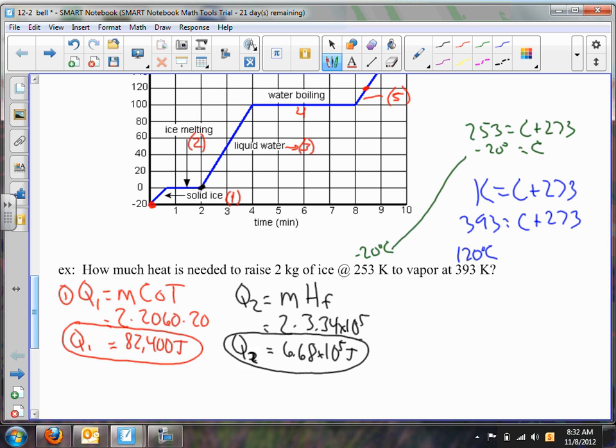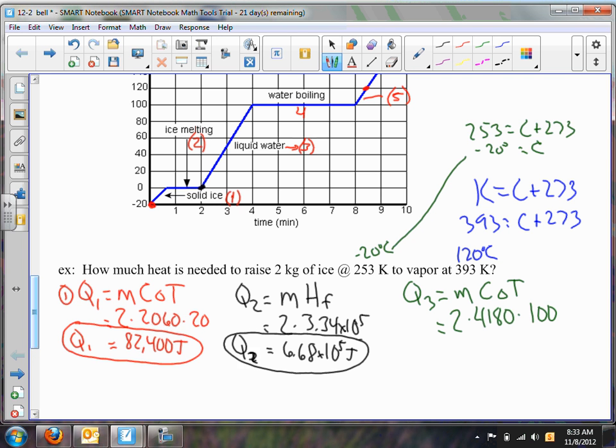If we continue to add heat, it's going to raise the temperature of the water. We just have melted the ice. So now I want to find Q3, which goes from 2 minutes up to 4 minutes, or mc delta T. The mass is still 2. Take that times the specific heat of water, because now I'm just raising the temperature of water, 4180. And my temperature is changing by 100 degrees. It's going from 0 up to 100.